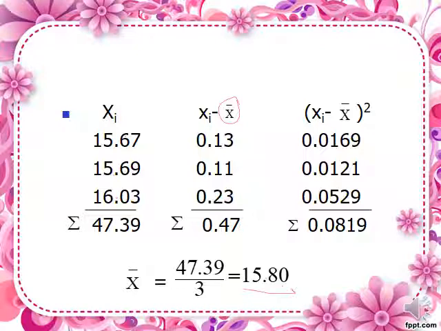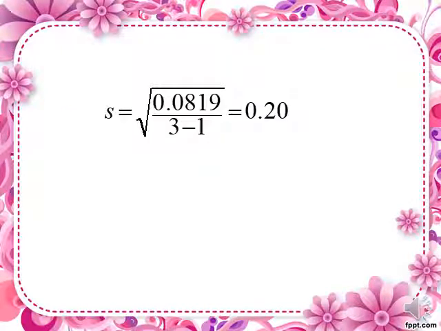This is the square of the difference between each data and the average, and this is the sum. To find the standard deviation, 0.0819, the sum of column 3 just now, divided by the degree of freedom. There are 3 data, minus 1, then square root to get the standard deviation. If we don't take the square root, then it's called variance. So 0.2 is the answer.